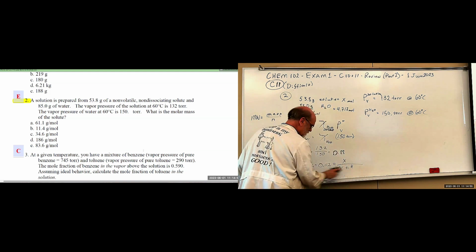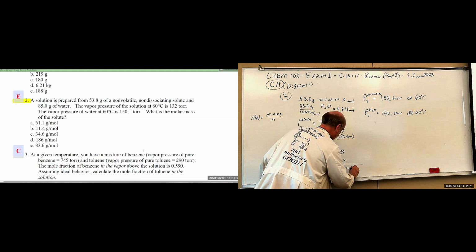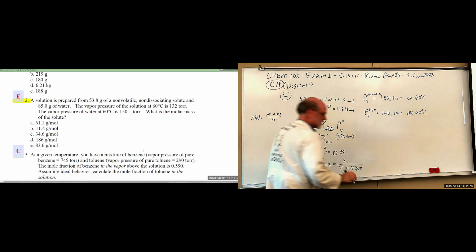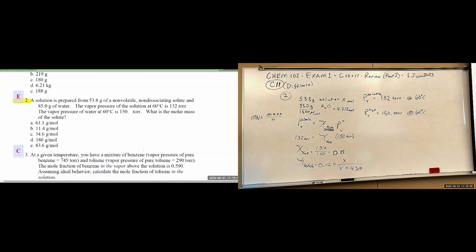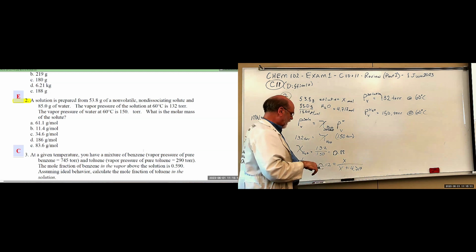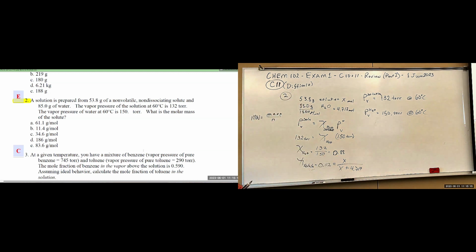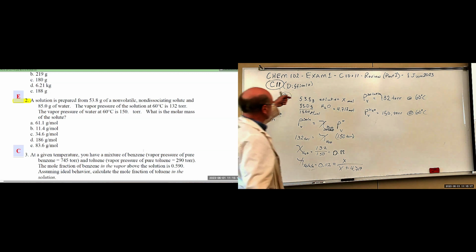Is everybody keeping up with me? We're using a little algebra. We've got a problem in one unknown. Now all I have to do is solve for X, and that'll tell us how many moles of our solute we have.